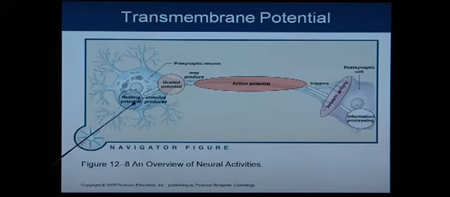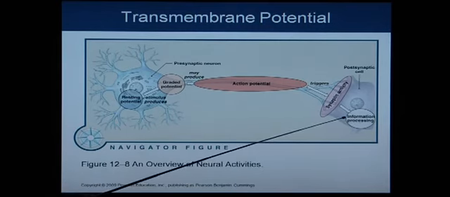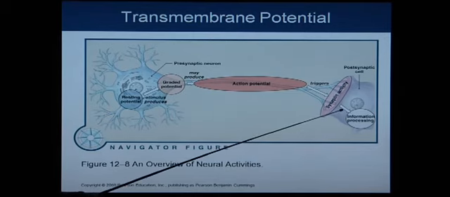So we want to have an action potential or fire that will spread through the axon to the postsynaptic cell. The postsynaptic cell is the cell we want to affect, and it could be a muscle cell or it could be another neuron.